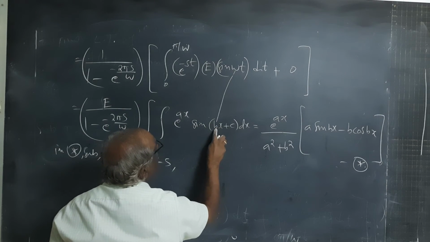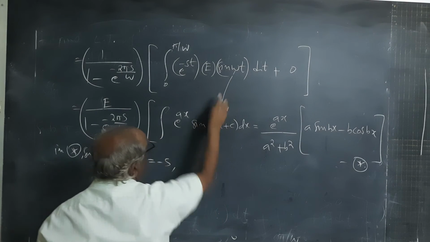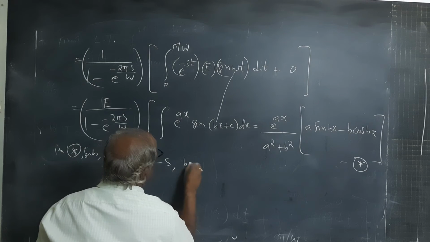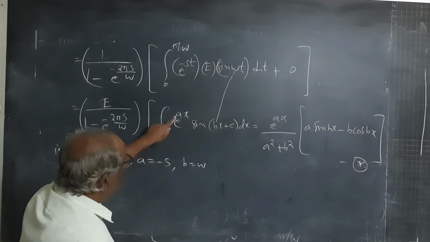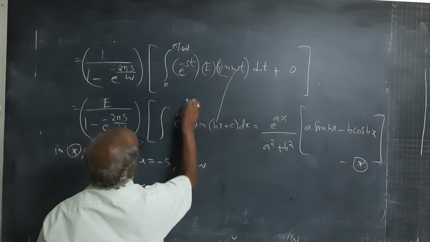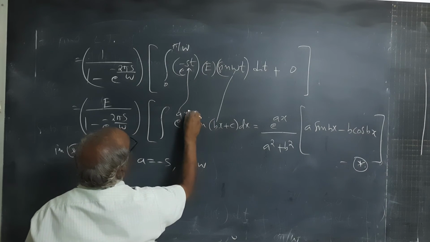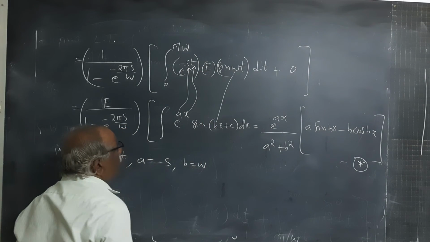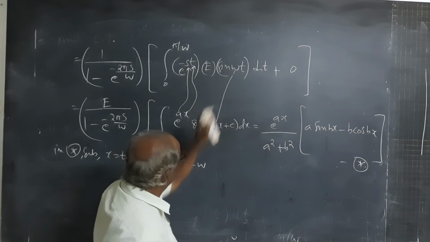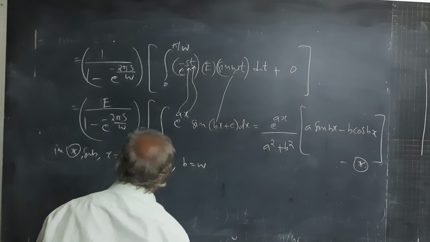B is equal to omega, not omega is equal to b. A is equal to minus s. X is equal to t. B is equal to omega. All these things we have to substitute.